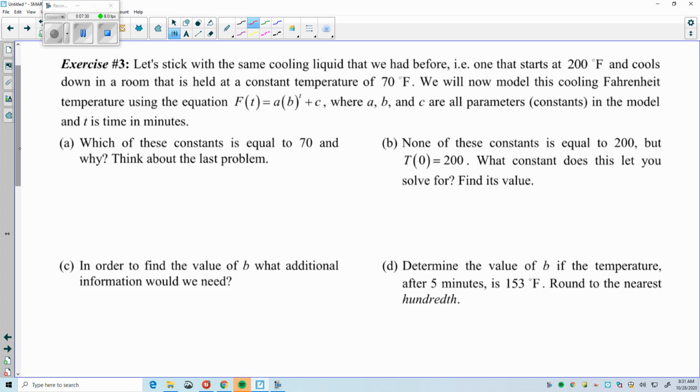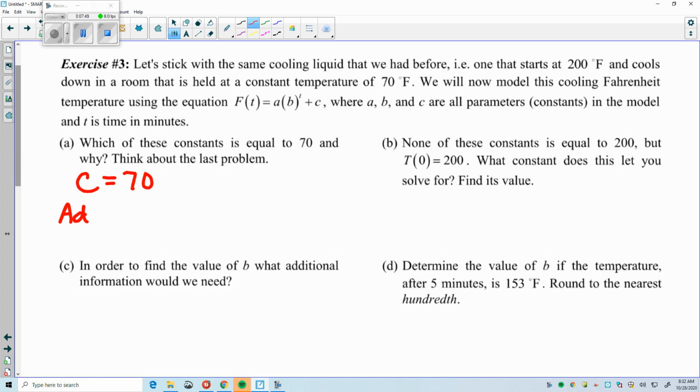All right, well, we kind of talked about this already in the last problem. We know that C has to equal 70. And if I'm thinking of this in terms of transformations, if I'm going to add or subtract anything at the end of the function, that's going to be a shift up or down.